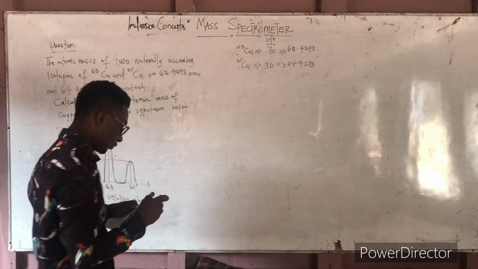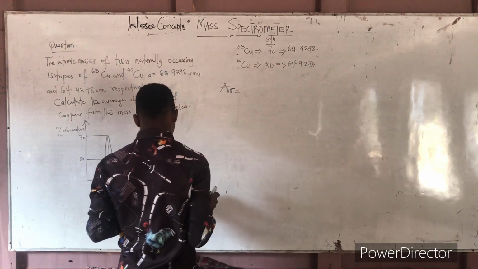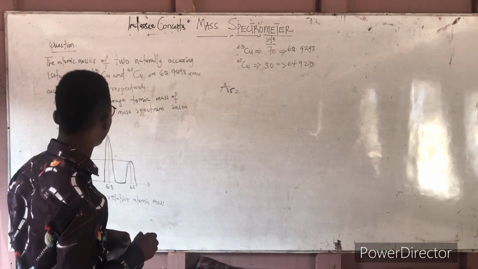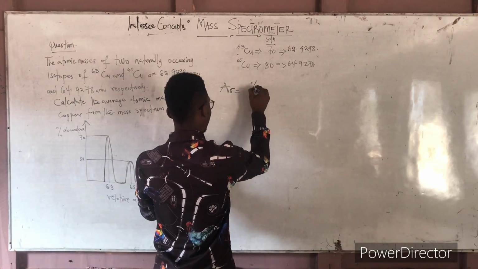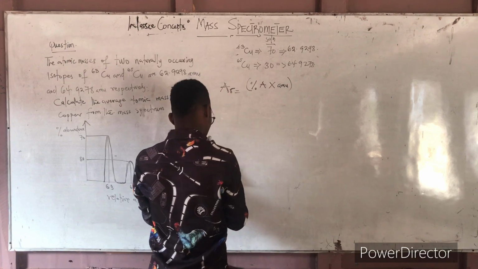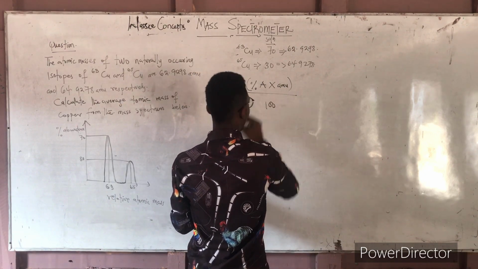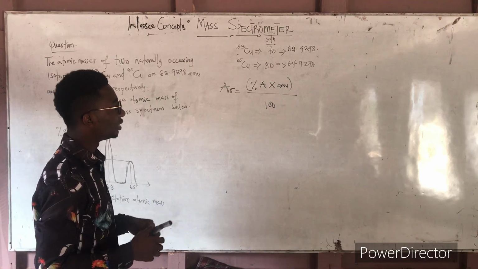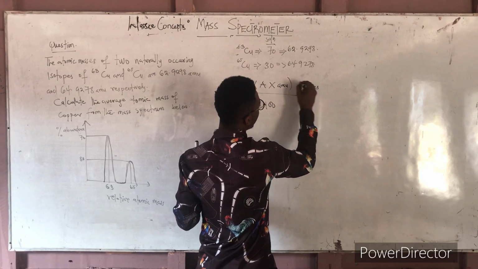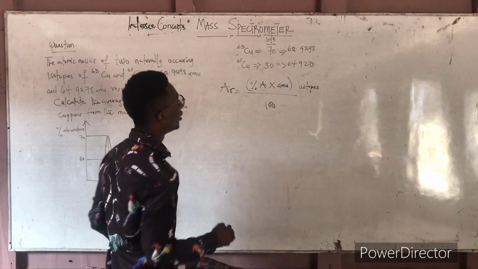So to find your average atomic mass, which is AR, it is equal to the sum of each percentage abundance multiplied by its atomic mass unit, all divided by 100.